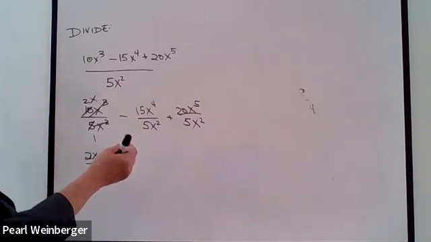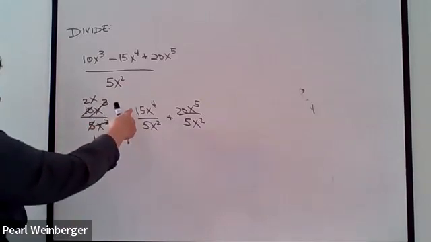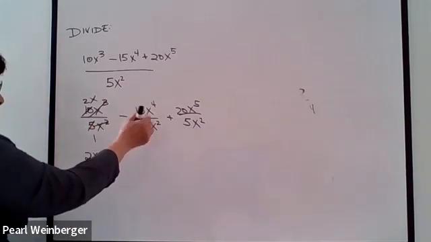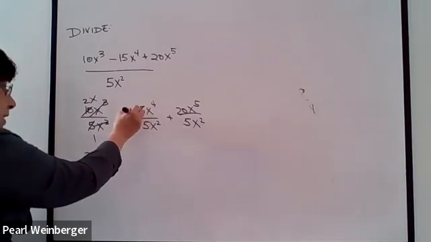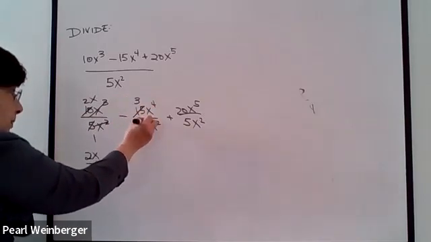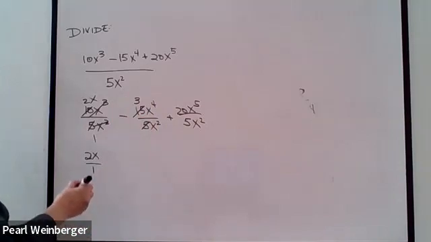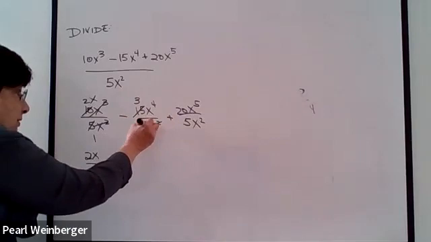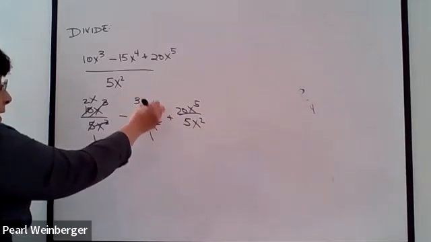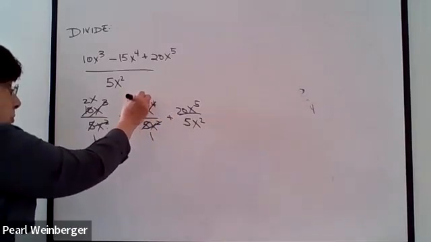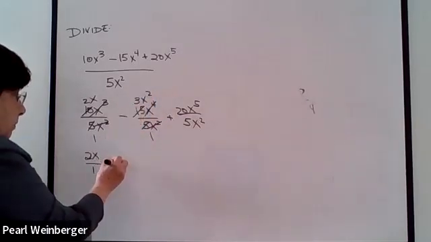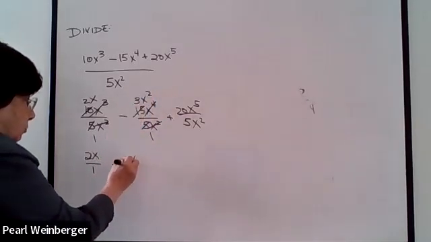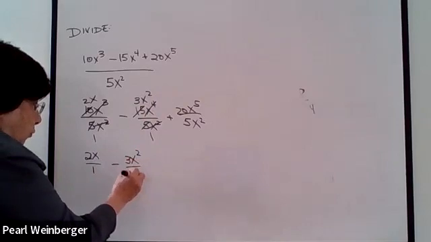I then go to the second term and do the same thing. I have a 15 and a 5. I can cancel out the 5. This will give me a 3 on the top. The x to the fourth and the x squared, I can cancel out the x squared, and 4 minus 2 is 2. So my second term becomes minus 3x squared over 1.